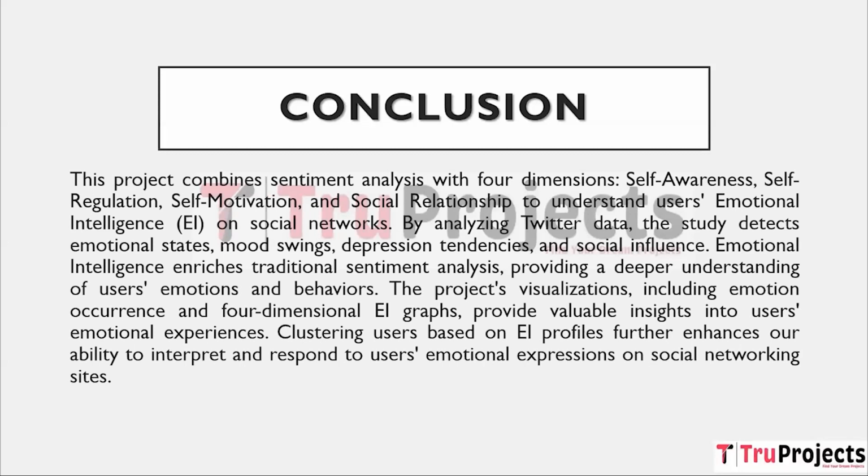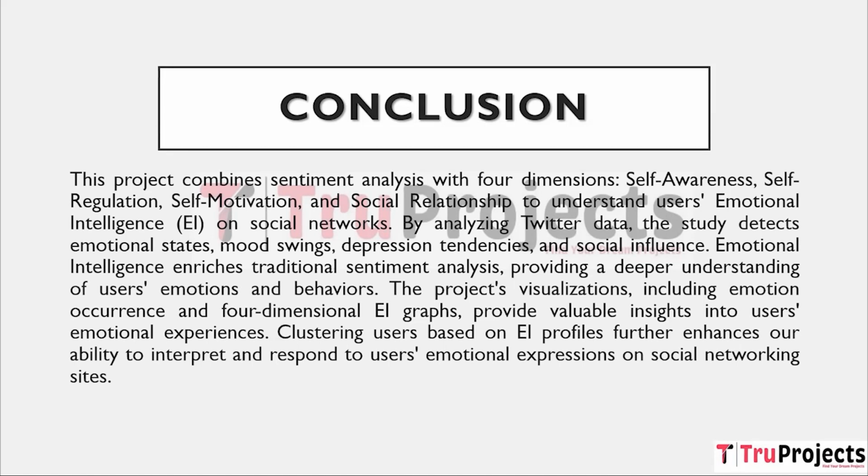Conclusion. To assess users' emotional intelligence in social networks, this project blends sentiment analysis with 4 different dimensions, which are self-awareness, self-regulation, self-motivation, and social relationship. The project detects emotional states, mood swings, depressive inclinations, and social impact by analyzing Twitter data. Traditional sentiment analysis is enriched with emotional intelligence, which provides a deeper knowledge of user emotions and behaviors.